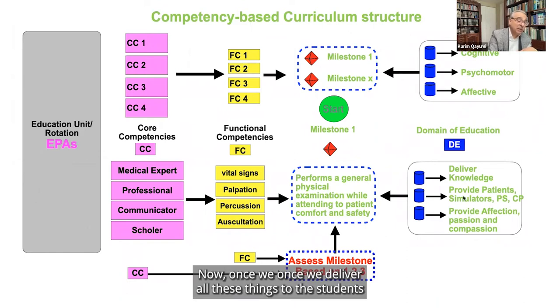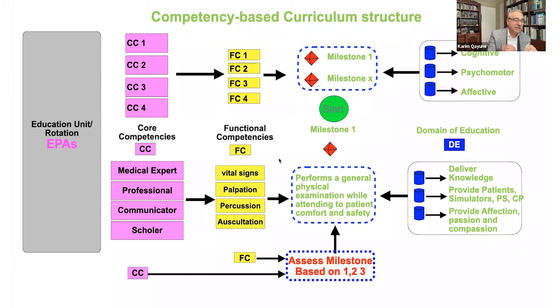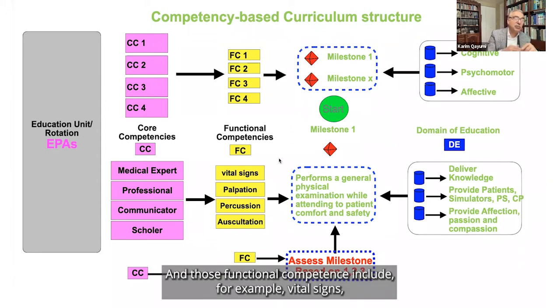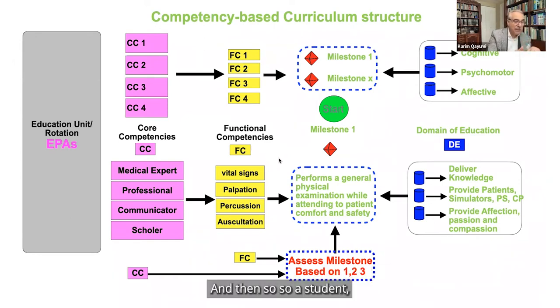Now, once we deliver all these things to the students to learn physical examination, then we need to do some functional competencies. And those functional competencies include, for example, vital signs, palpation, percussion, and auscultation, just as an example.